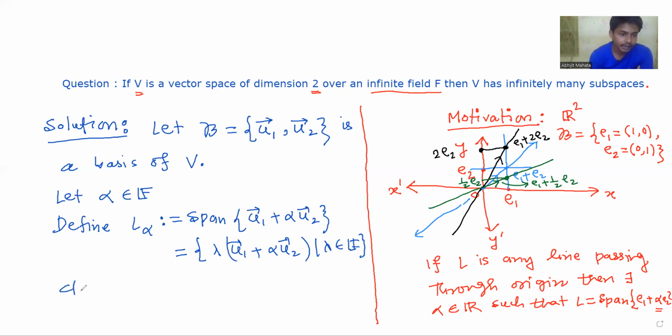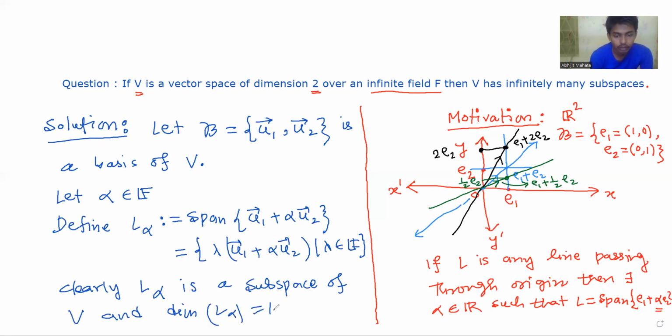So clearly then L alpha is a subspace of V, and of course the dimension of L alpha is 1, although we do not need the dimension, it is necessary to know that L alpha is a subspace of V. It is clearly a subspace because we know that if we consider all scalar multiples of a vector, then it will give you a subspace.